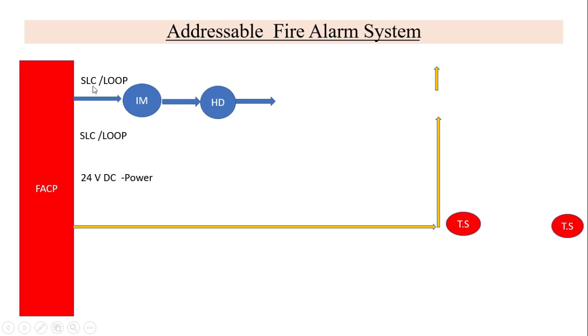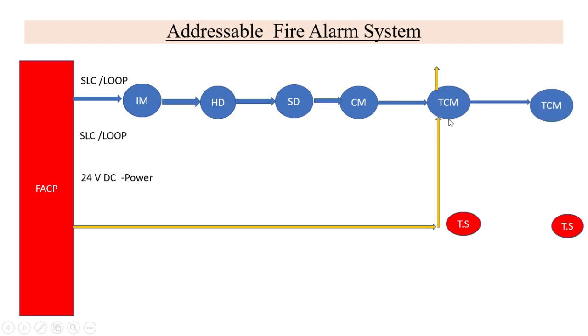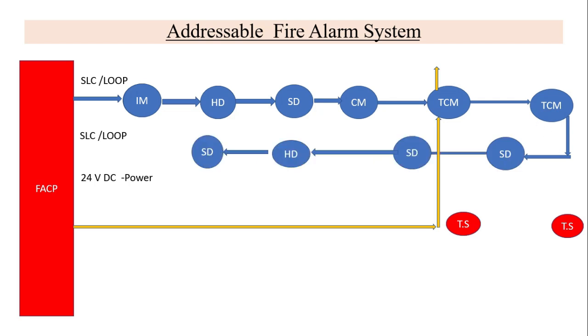So there is an SLC or signal line circuit loop. From here, this is the fire alarm control panel. From here the circuit starts. Then this is the smoke detector, then heat detector, smoke detectors, control module, then telephone control modules, and smoke detectors, heat detectors, then it comes back to the control panel.